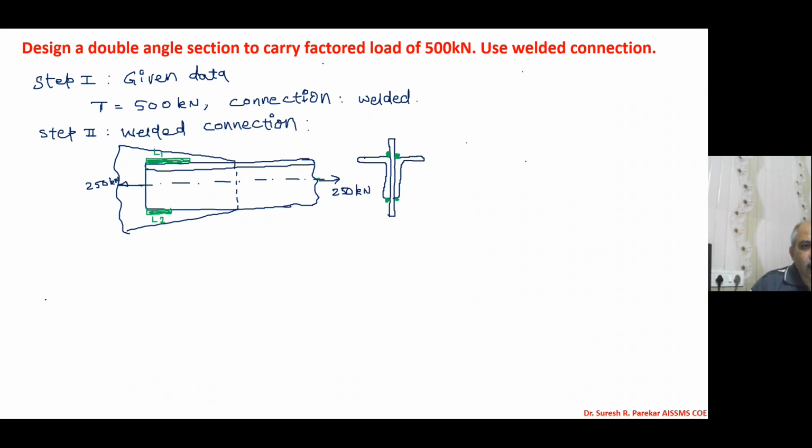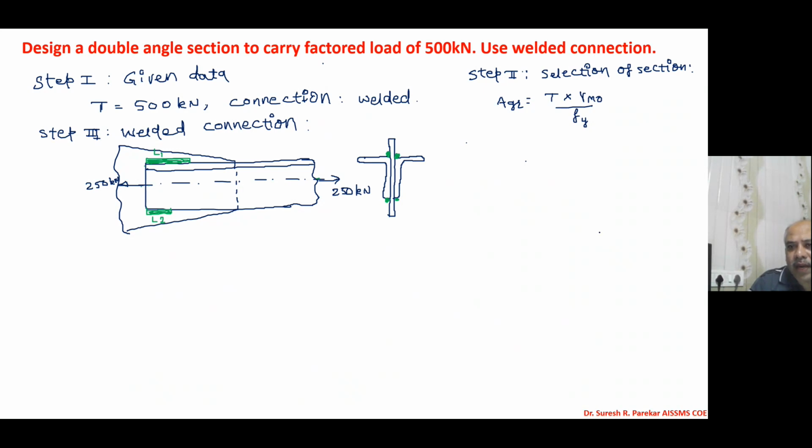So now first we have to select the angle section. So actually this I will say as step 3. Now step 2 we have selection of section. Now we have already seen we have the formula A_g required equal to T into gamma m0 upon Fy.